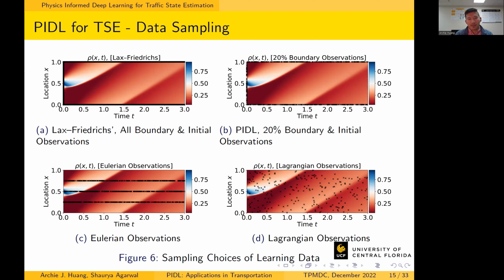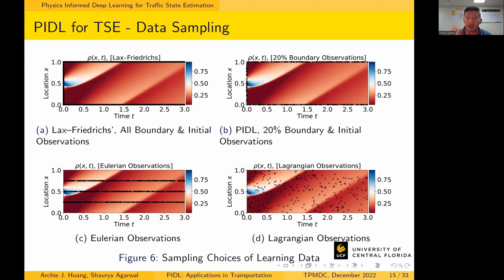Here in subfigure A, we have a Lax-Friedrichs computation scheme, which can also reconstruct a field of data, but it needs all the boundary and initial observations. That's the three borders of this image, marked by those black marks. All those boundary and initial data are needed for these mathematical schemes to reconstruct the data, and it also needs the physical equations as well.